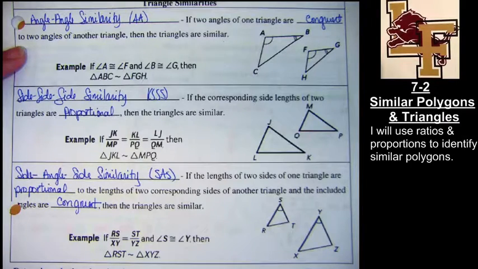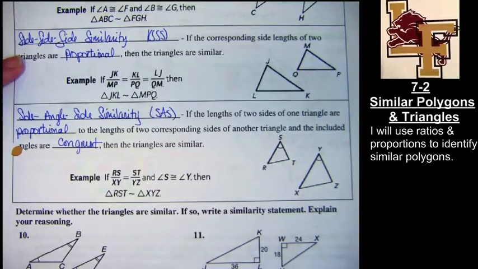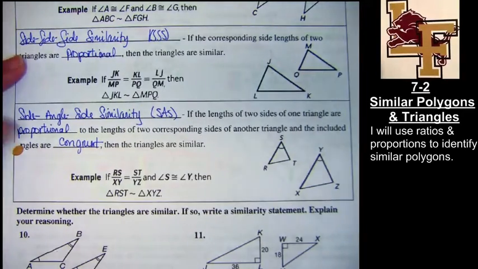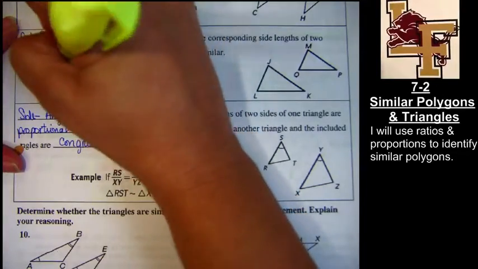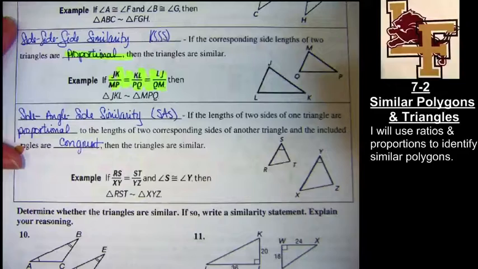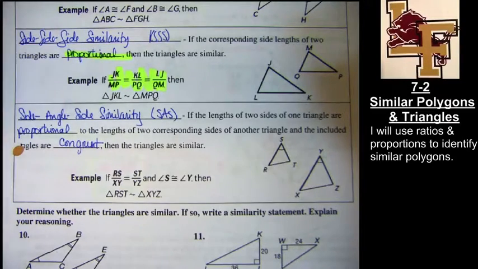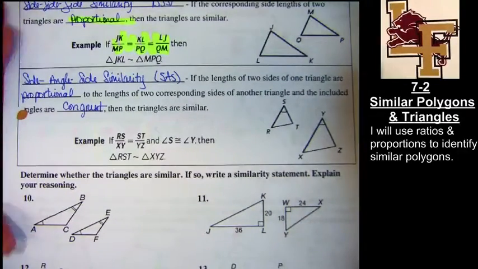Okay? Right? On a triangle, all I have to do is show that 3 of the sides are proportional, and then they're similar. I don't have to deal with the angles on triangles. I can just look at the sides being proportional. Or I can do side angle side, not angle side side.